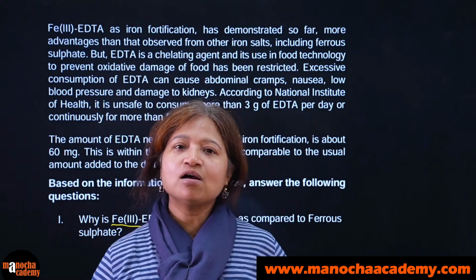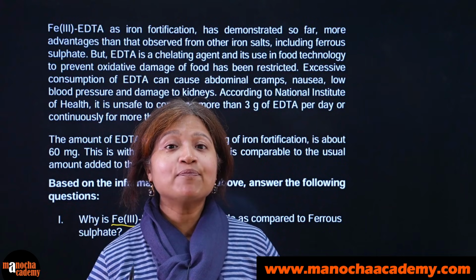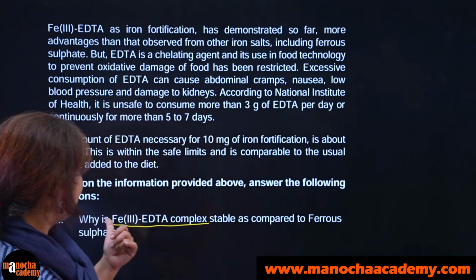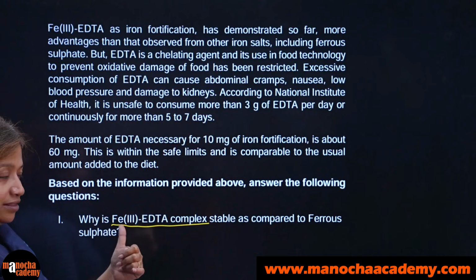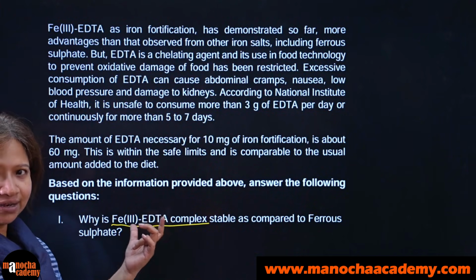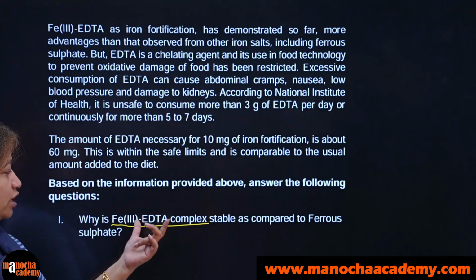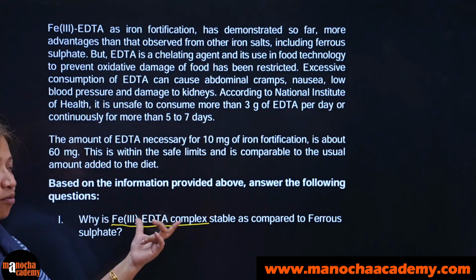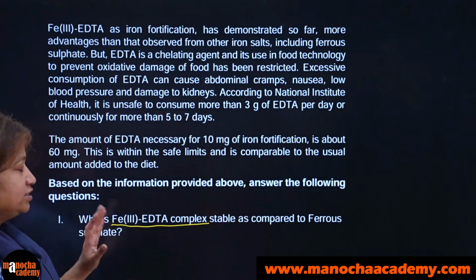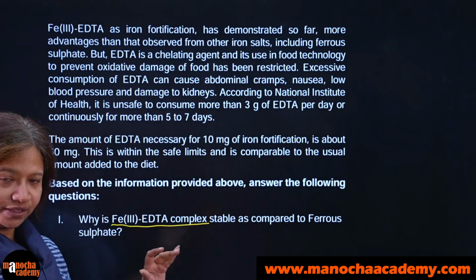EDTA is a polydentate ligand, in fact a hexadentate ligand, and so the Fe3 EDTA complex is a chelating complex and so is more stable than ferrous sulfate. So this is the answer to this question.